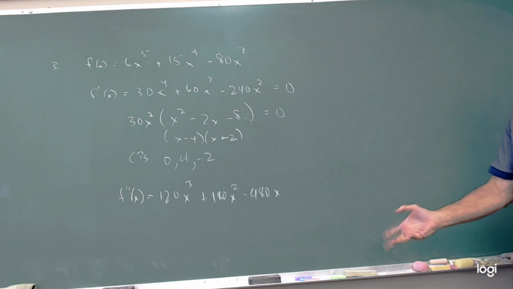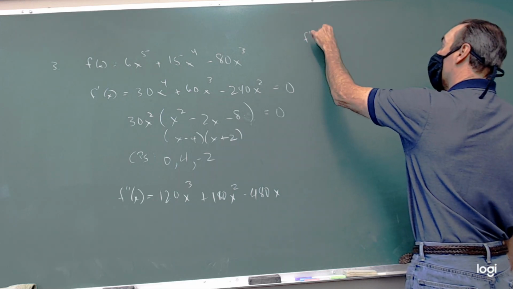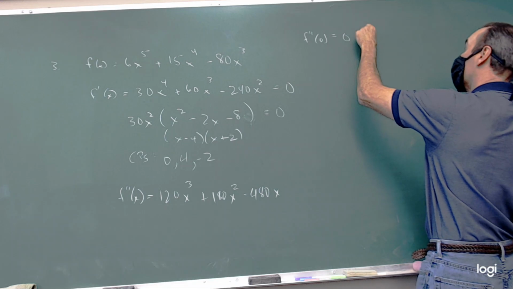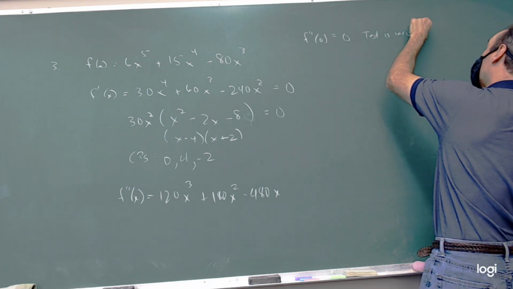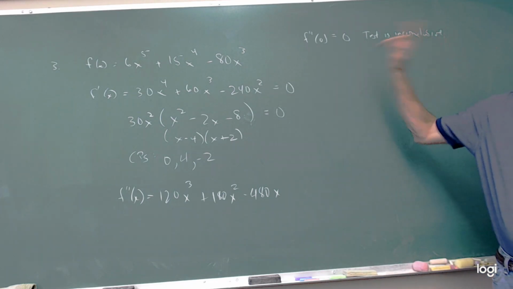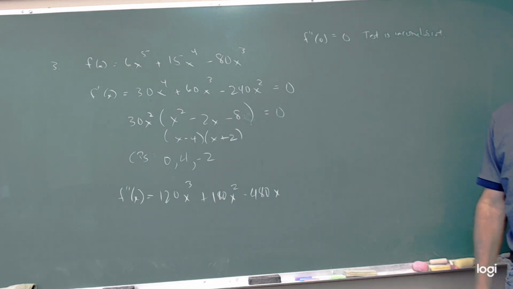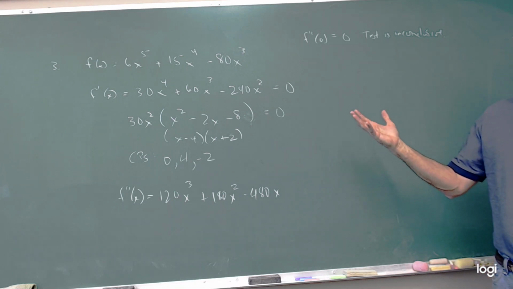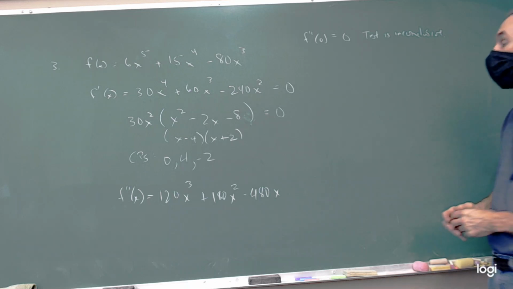When we plug in 0, we get f double prime of 0 is 0. So here the test is inconclusive. This is where I want you to come back in a minute and do the first derivative test, but only on x equals 0. If the second derivative is 0, it might be a min, it might be a max, or it might be neither one. It totally doesn't give us any information.